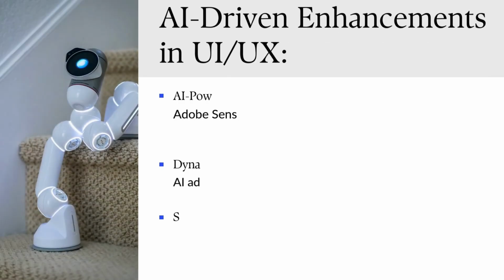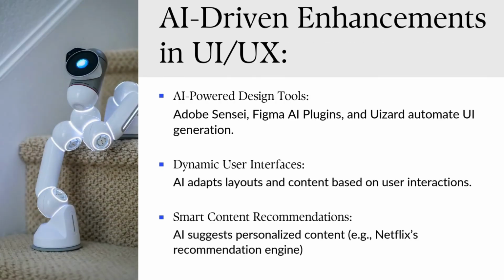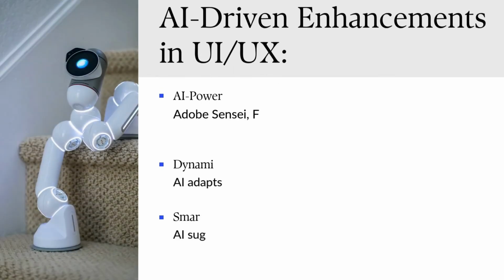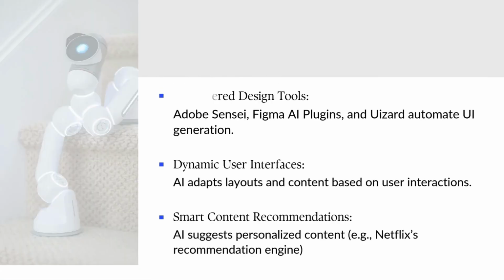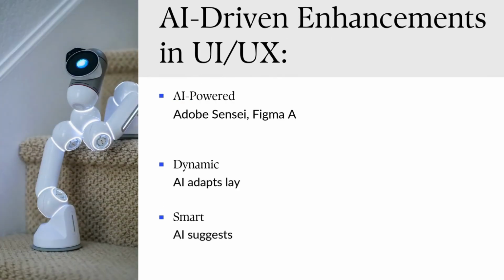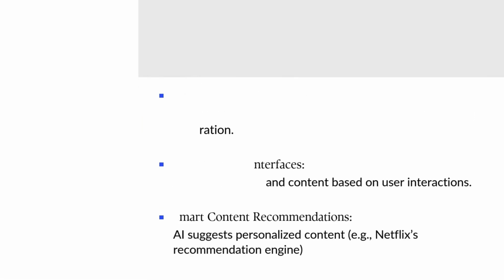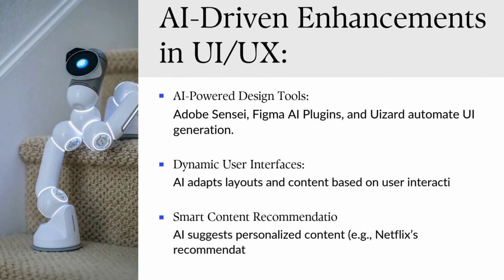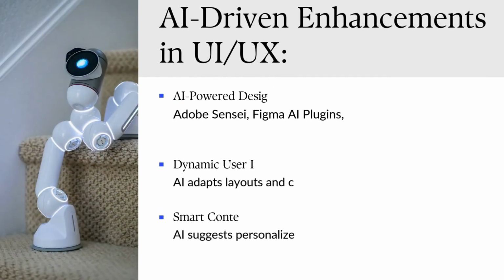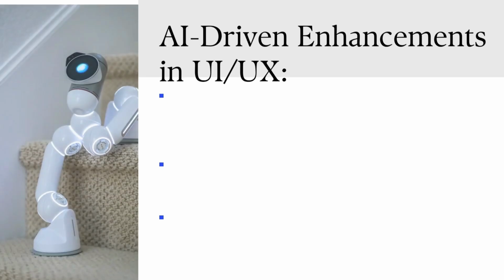Next, we have dynamic user interfaces. With these, AI adapts layouts and content based on user interactions. Next, we have smart content recommendation. With these, AI suggests personalized content. For example, we have the Netflix recommendation engine.